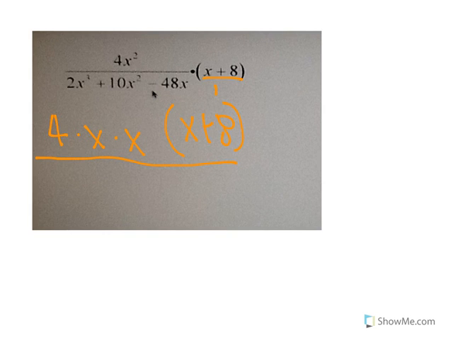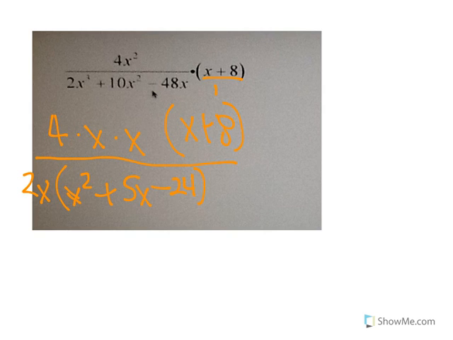And that's all going to be over, well, I can take out 2x to start with, 2 times x here, and then I end up with x squared plus 5x minus 24.